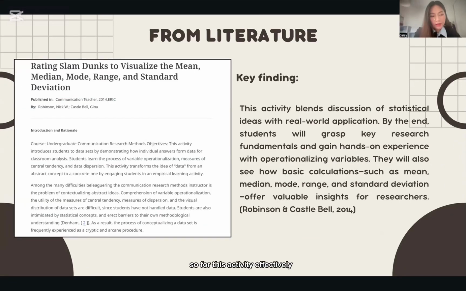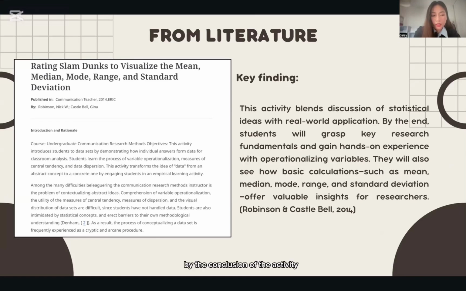For this activity, it effectively integrates statistical concepts with meaningful real-world applications, making abstract ideas more accessible to students through engaging in hands-on activities such as analyzing the ratings. Students move beyond passive learning to actively explore how data is collected, interpreted, and applied.